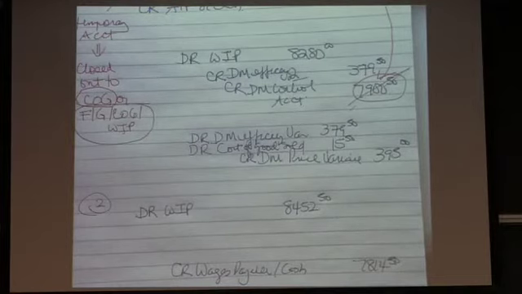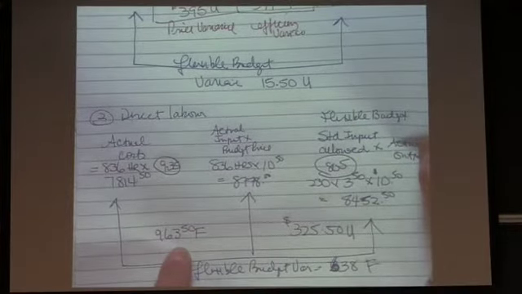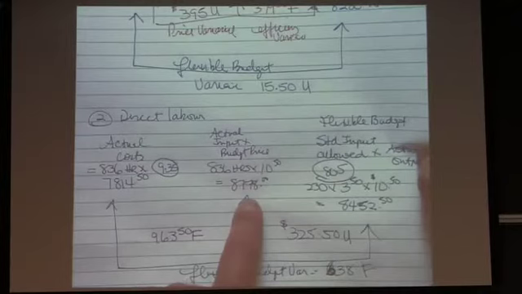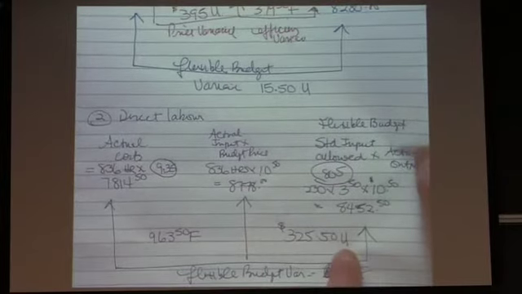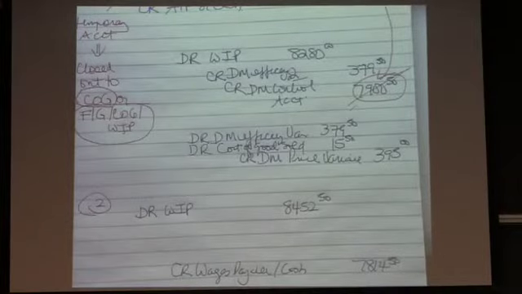Then we're going to record a variance analysis. If it's favorable, is it a debit or credit? It's going to be a credit. Why? Because we spent less than the standard. If it's unfavorable, it will be a debit because these are expenses.